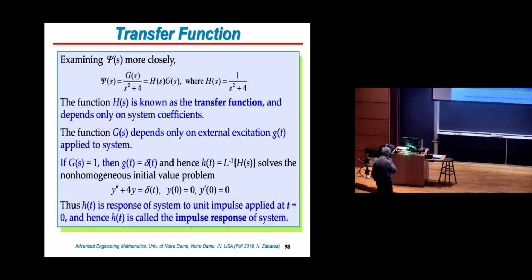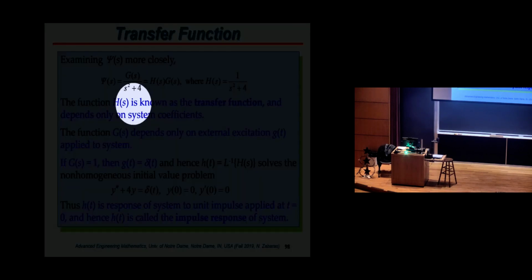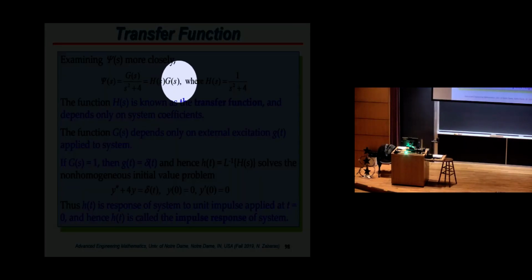So can somebody tell me now? Remember that this particular solution was the product of h of s, which is 1 over s squared plus 4 and depends on the differential equation, times g of s, and g can be any forcing term. How can I use the impulse response to write the response to any forcing term g of t?